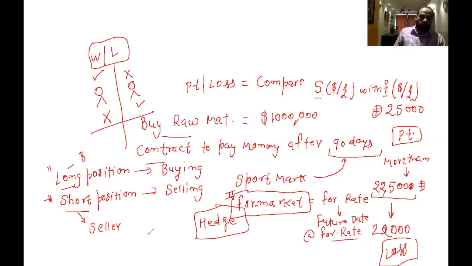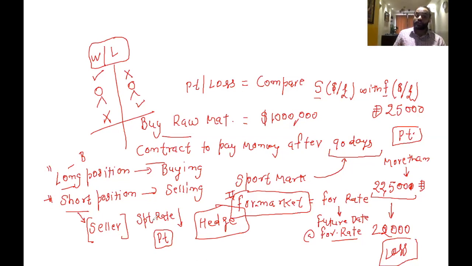So if you are a seller and the spot rate is going down, you will make a profit. Remember, you are a seller, the spot rate goes down, you will have a profit.